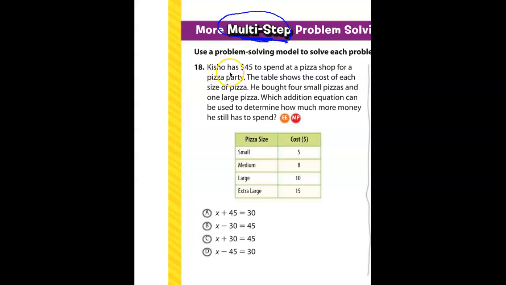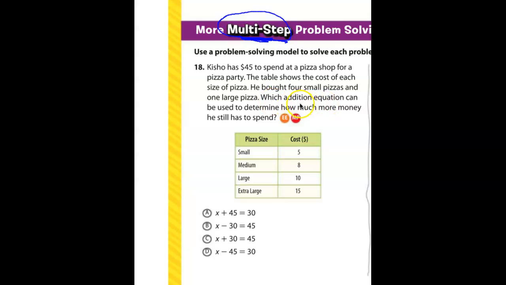Okay, so let's go ahead and read this first problem. Number 18 says, Keisho has $45 to spend at a pizza shop for a pizza party. The table shows the cost of each size of pizza. He bought 4 small pizzas and 1 large pizza. Which addition equation can be used to determine how much more money he still has to spend?